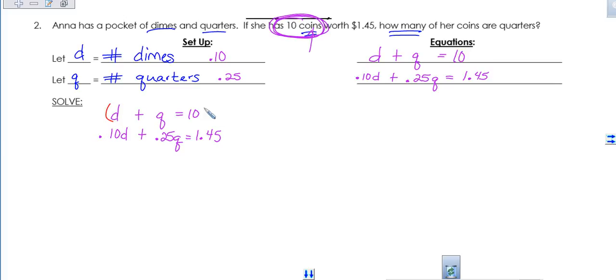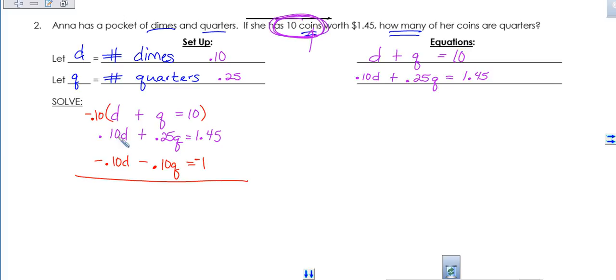So I'm going to multiply this equation by negative 0.10, and so I'll get negative 0.10d, and then a negative and a positive make a negative, and negative 0.10 times q is negative 0.10q equals, and then negative 0.10 times 10 is 1, and then a negative and a positive make a negative. Okay?